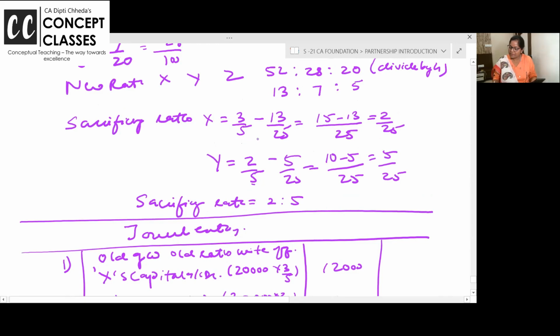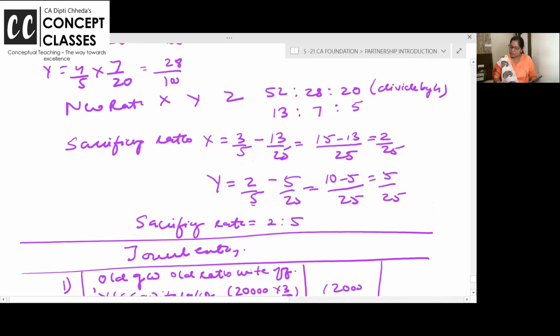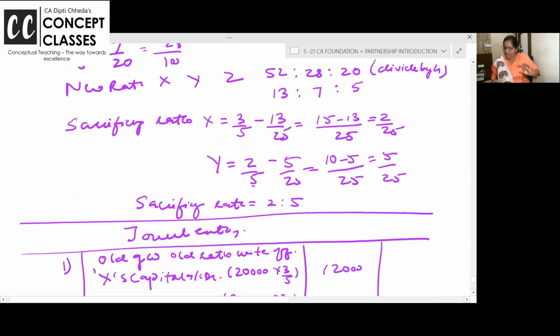Just check this LCM is correct or not. 2/25. 10. Y's ratio I have taken wrong.